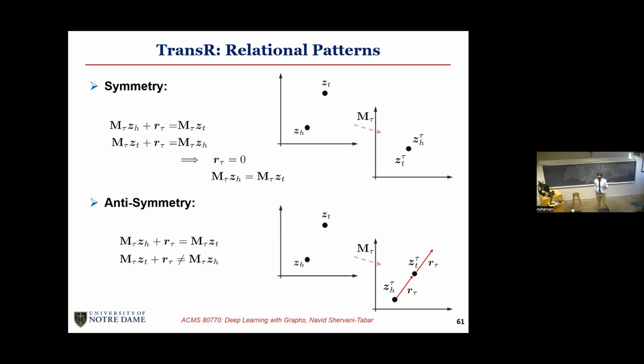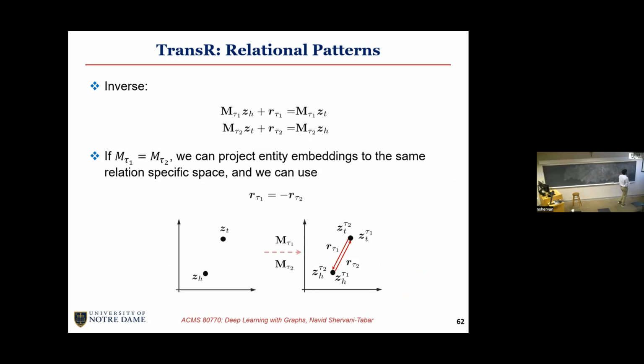And then when I translate the projection of the tail embedding using relational embedding R tau, I get somewhere that is not the projection of my head node embedding. So I'm able to represent anti-symmetry using this as well.